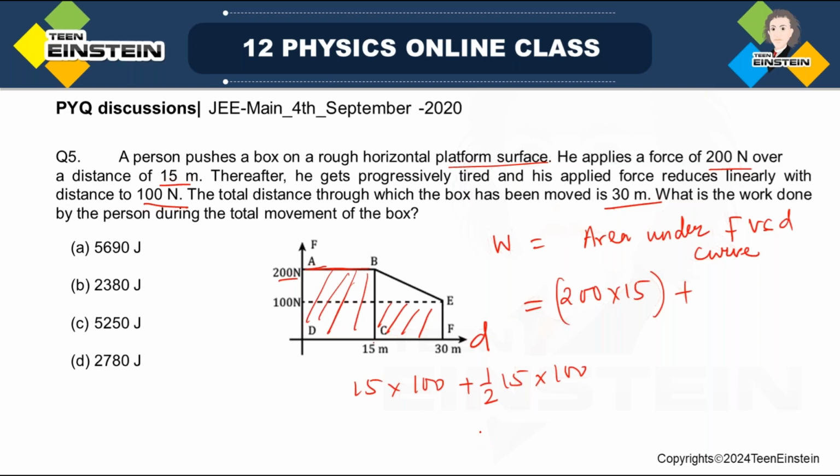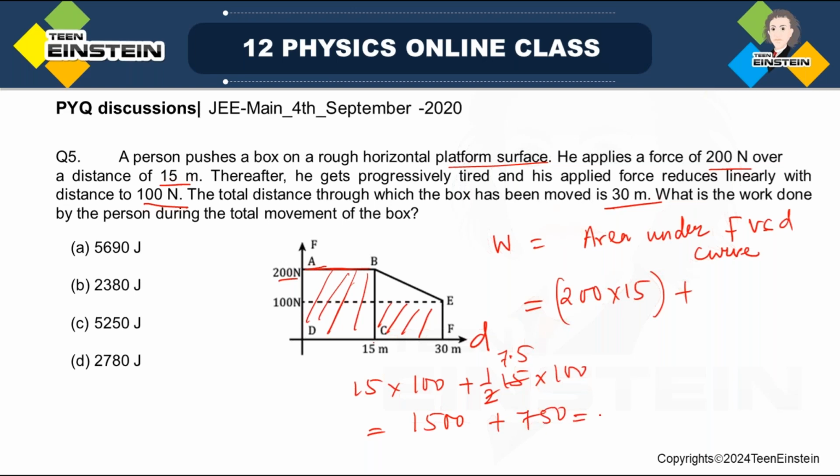Okay, so then look what I can do. So this is 7.5 here, so this will be 1500 plus this is 750.